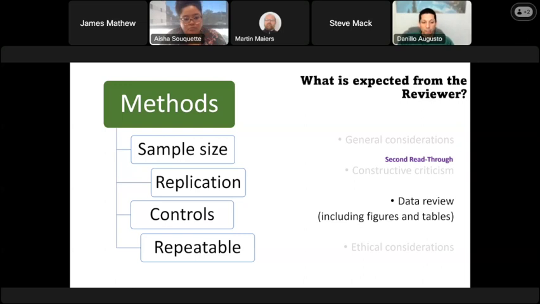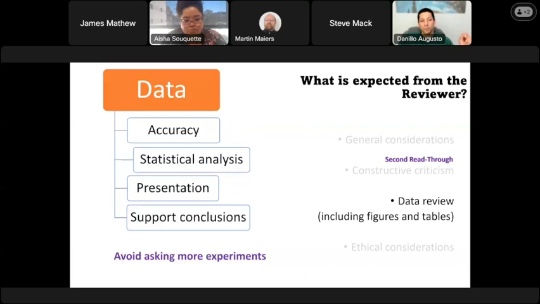And more importantly, are those methods repeatable? Is there enough detail for someone else to repeat those experiments and get the same result? And this is very important. And also we ask that the review can actually be very detailed on those points and the recommendations. And if they find something that doesn't look correct, point that out, make suggestions for improvement.